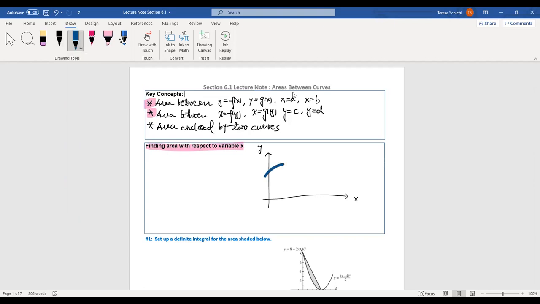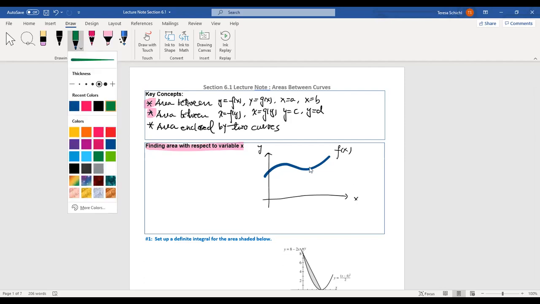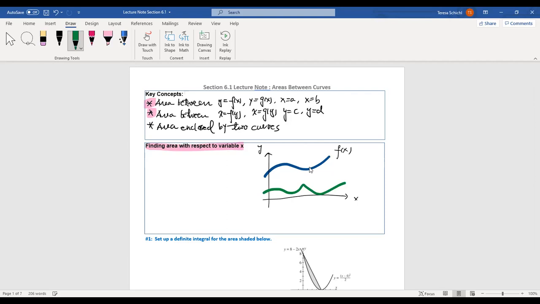So this will be my f of x. And then we also have a function g. I don't want to have sharp corners here. So this is my g of x.